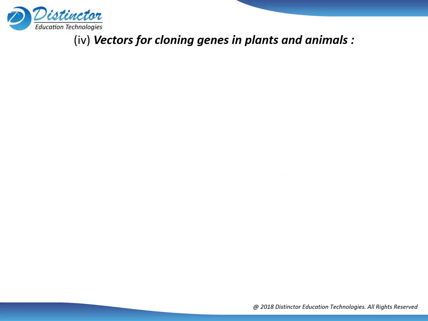The next one is vectors for cloning genes in plants and animals. So until now we learned about the microbes used as vectors. For bacteria we can use a plasmid and bacteriophage. When it comes to the higher organisms, that is plants and animals, they need separate vectors.